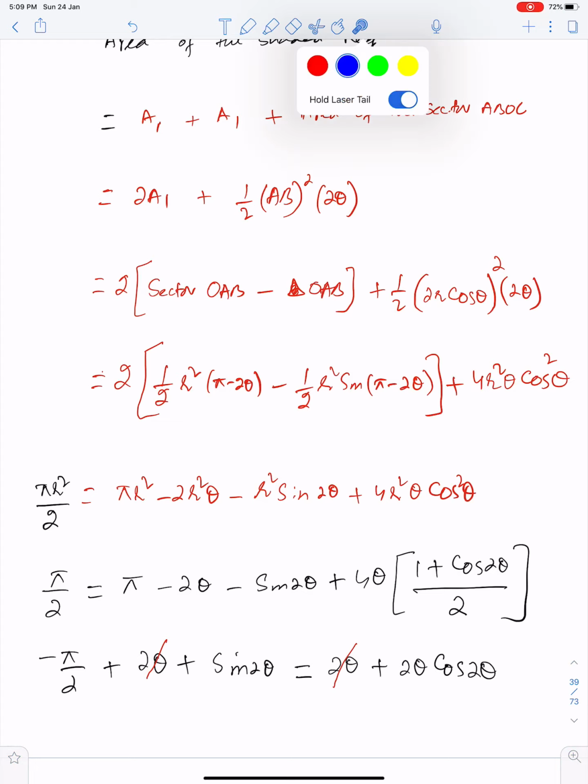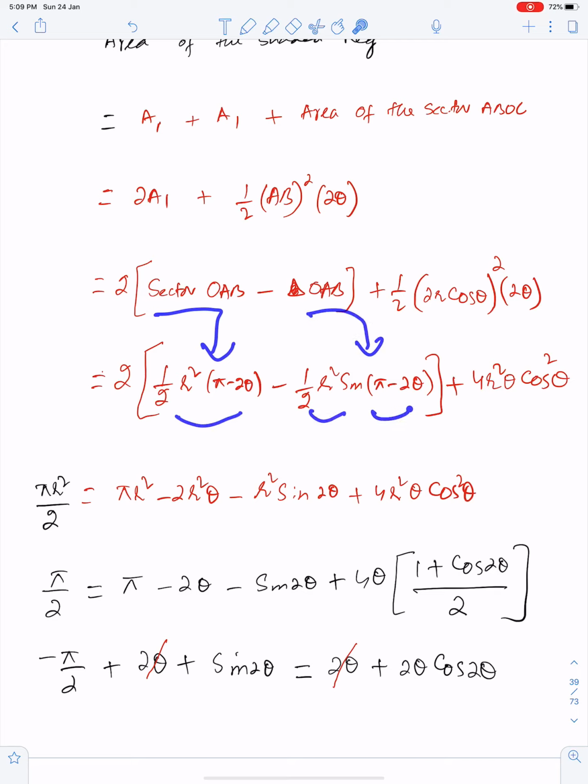So area of sector is half r square this. Area of triangle is half r square sine pi minus 2 theta. Sine pi minus 2 theta is in second quadrant and sine is positive in second quadrant. Therefore, this can be written as sine 2 theta. Sine pi minus 2 theta will become sine 2 theta.